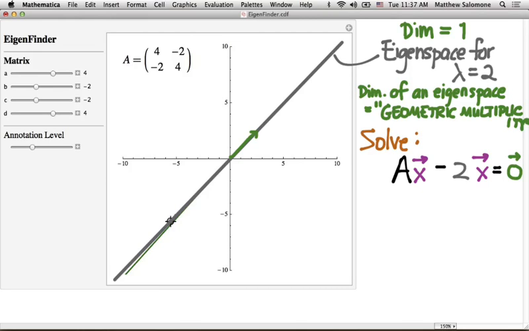But now I want to factor that x out, if we can. In other words, I want to see this as a single matrix vector equation where I have some matrix multiplied by x is equal to 0. But if I factor out the x, what I get looks something like this, A minus 2.